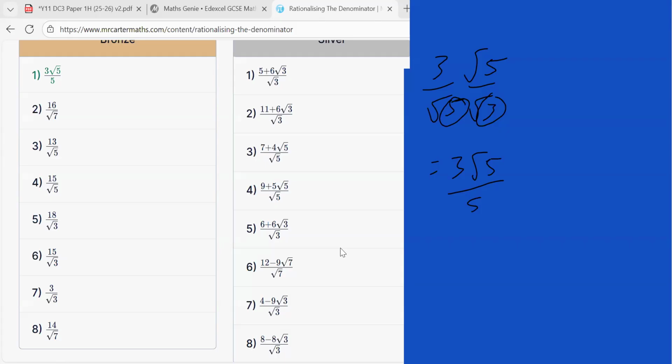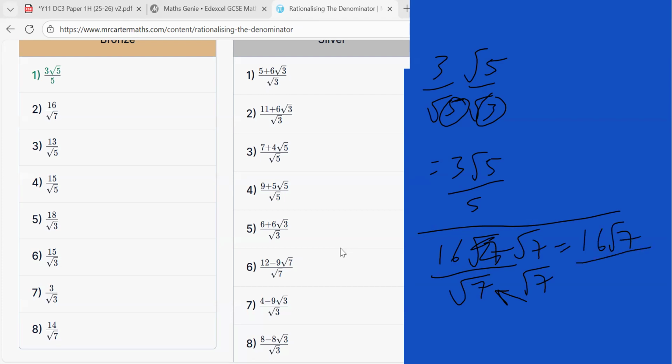He has given me an answer, but I will work through it just so that the people who don't understand get a chance to hear and see an explanation. So we've got root 7 at the bottom, so we're going to multiply top and bottom by root 7. So 16 root 7 at the top. Root 7 and root 7 just gives us 7. So 16 root 7 over 7 is my final answer.